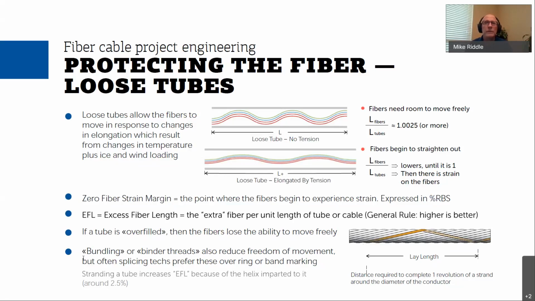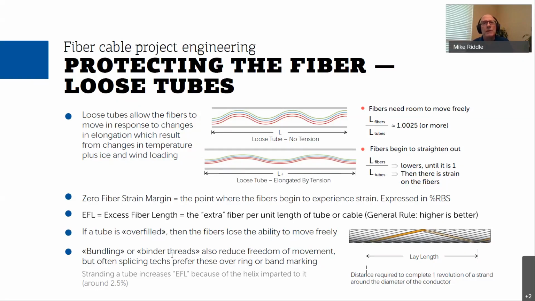Another point that's important for you is that in the field, you have to distinguish the fibers one from another. And these days, most tubes used in OPGW have 24 fibers or more. So how do you distinguish them in the field? Well, there are two techniques. One is bundling or binder threads, synonymous terms.